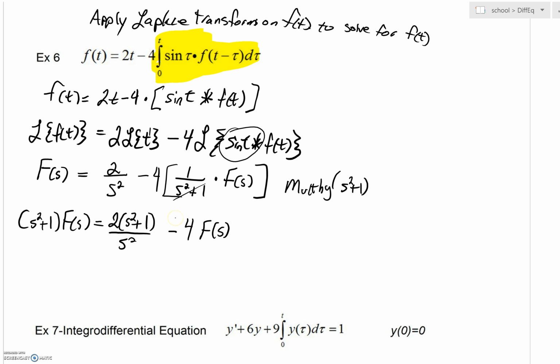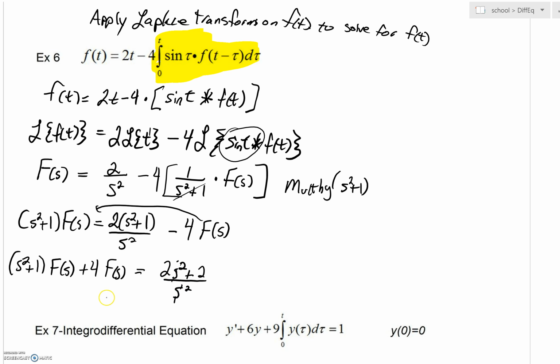I'm going to bring my capital F of s terms to the left side. We'll have s squared plus 1 times capital F of s plus 4 capital F of s. And then on this right-hand side, of course, we'll have 2, and we could even distribute that to 2s squared plus 2 all over s squared.